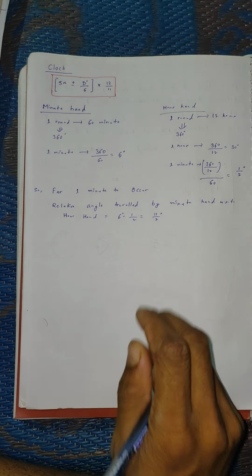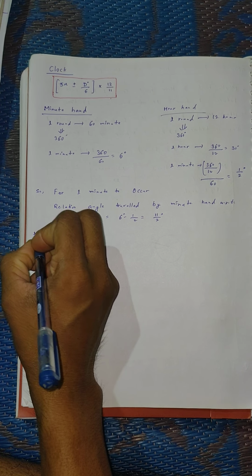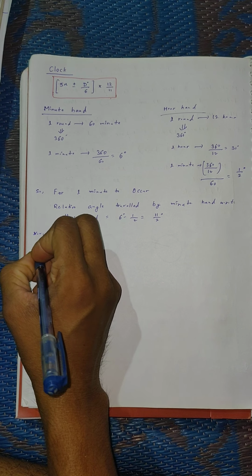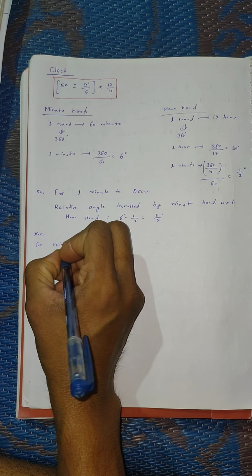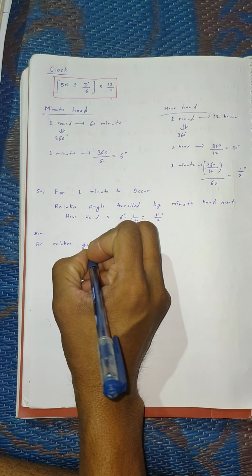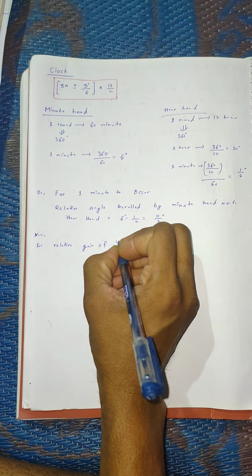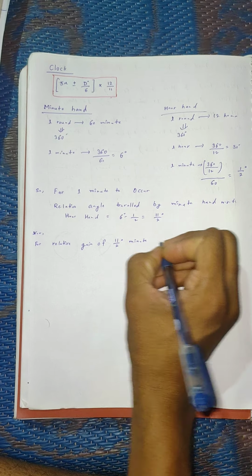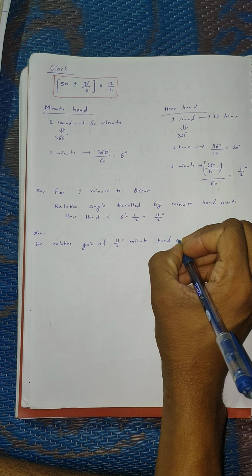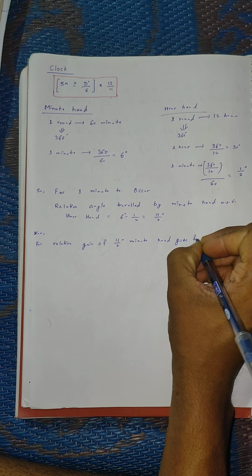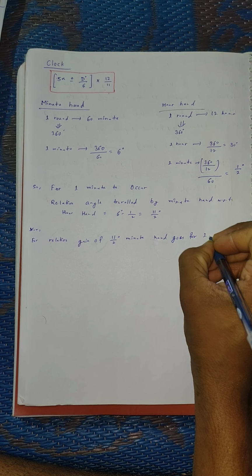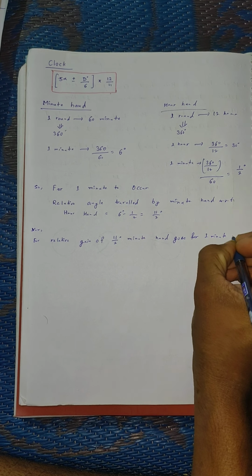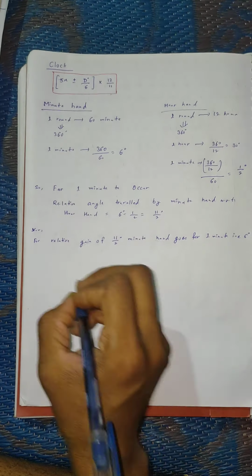Okay, now for relative gain of 11 by 2 degree, minute hand goes for 1 minute, that is 6 degree.